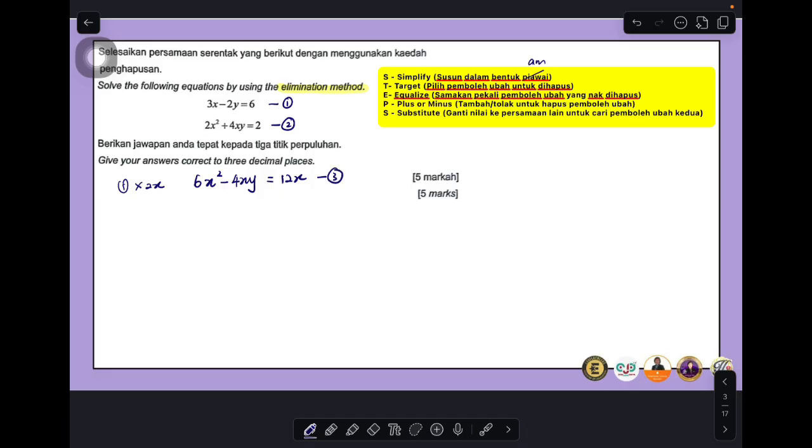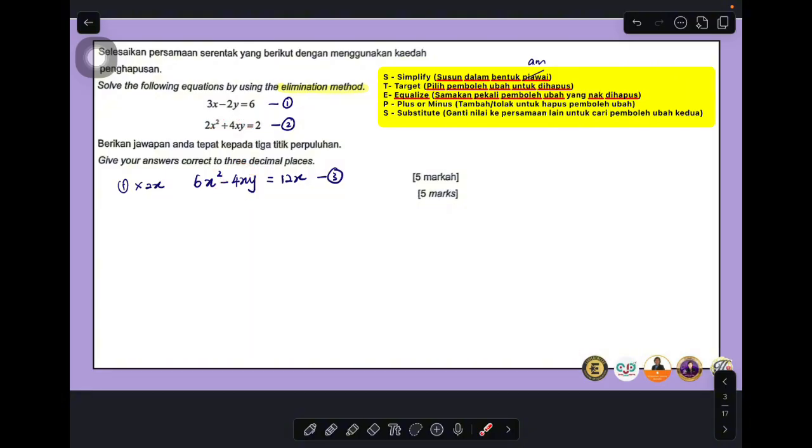Okay, still the same equation, only you transform it into another form so that you can do the elimination method, or eliminate one of the variables. Now both we have 4xy, 4xy. Now, the next step, already equalize. After equalize, now we need to plus or minus in order to eliminate the xy. One is positive, one is negative.